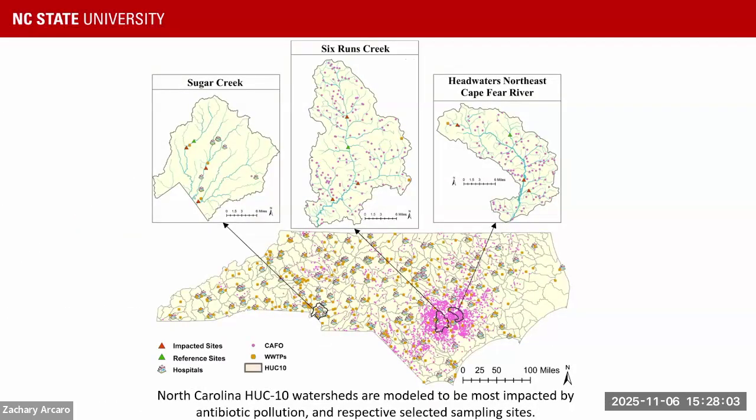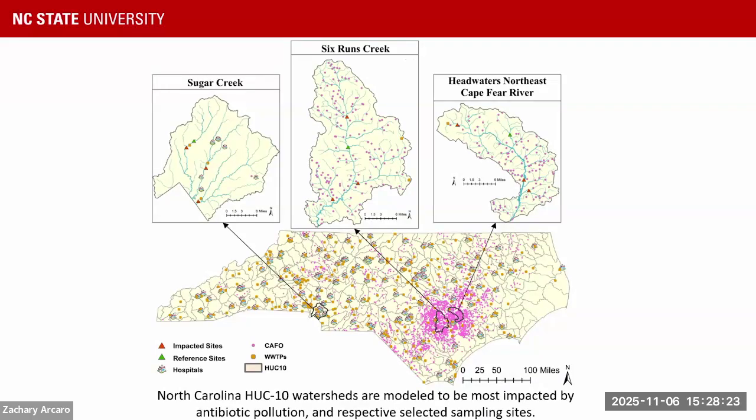From this, we looked at our ranking of watersheds, and we aimed to get those at the higher portion of the list, but then also we had to look at feasibility. So we also looked at what watersheds we could reasonably get out and collect water samples from.